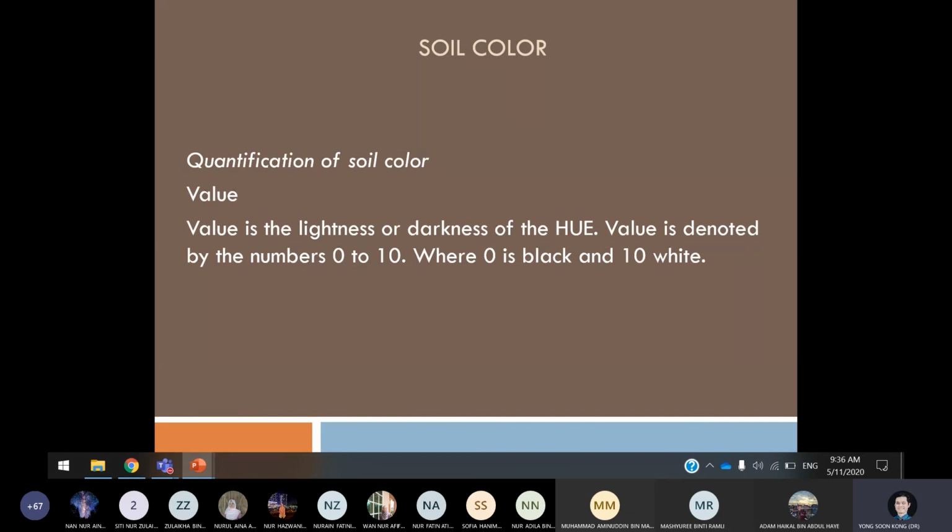Vertically, those are the values. The highest value is 10, the lowest is 0. Oh wait, 0 is dark color, 10 is white color. More white or more dark depends on this value.